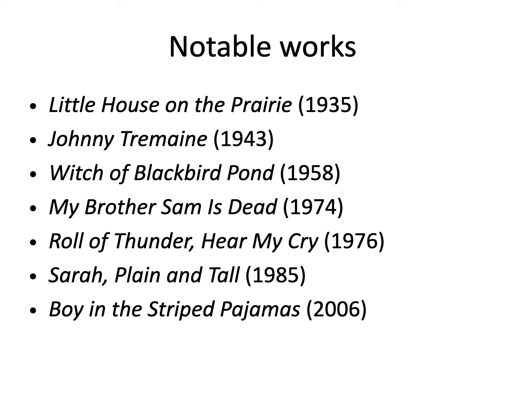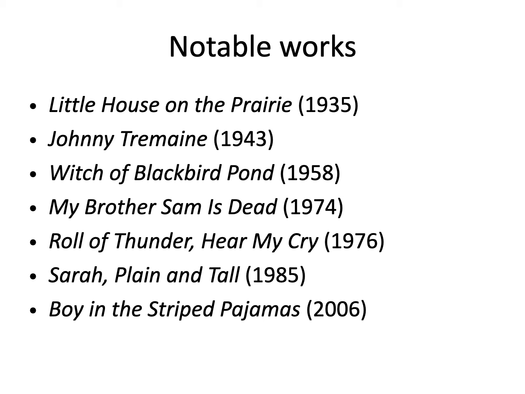Really notable works: Little House on the Prairie, that's westward expansion for sure. Johnny Tremain, that's set during the time of the American Revolution. Witch of Blackbird Pond, pre-American Revolution, about American colonies, colonial life, settling of Massachusetts.